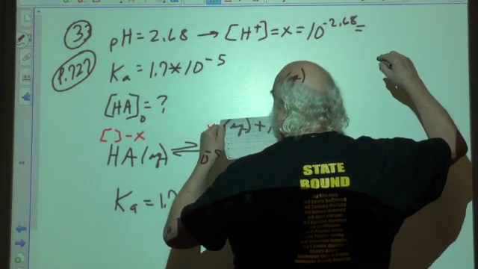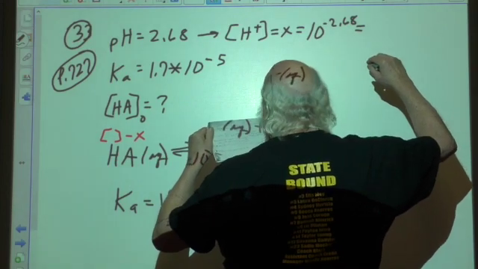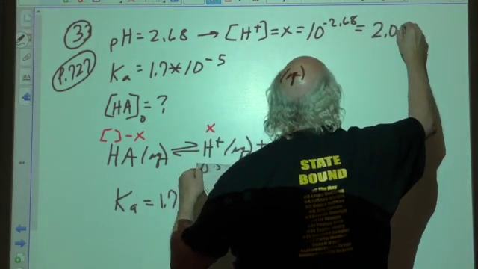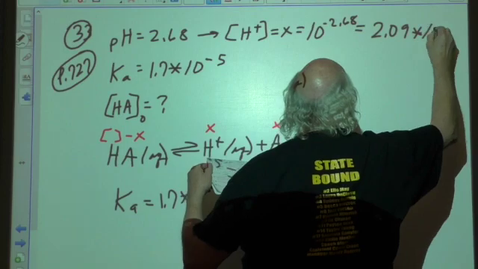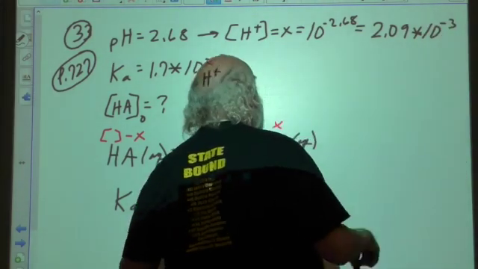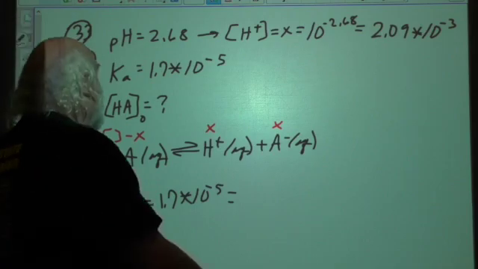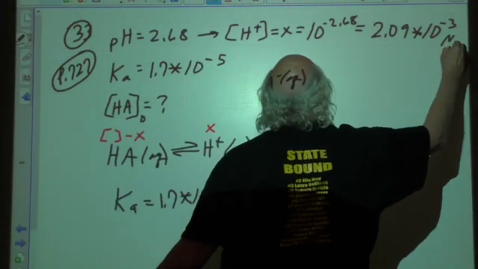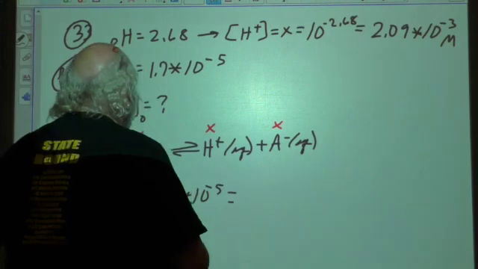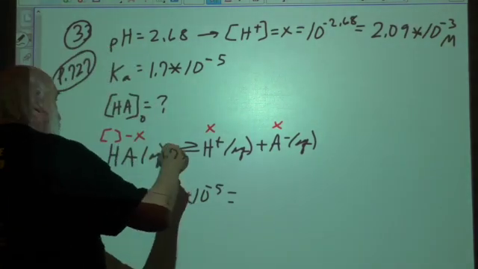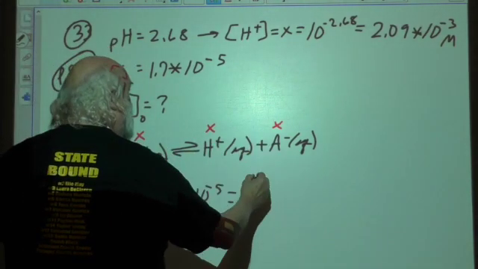Okay, well, I guess I'll go with it. 2.68. It's 2.09 times 10 to the negative third, I guess, moles per liter. So that's my X, so I'm going to plug that in for X here, and there. So X times X is X squared.